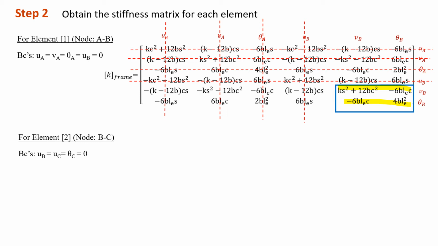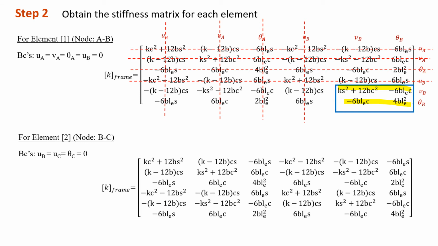Similarly, element 2 is between node B and C. So we connect the element from node B to node C. Our arrangement of the matrix in our global K matrix will start from UB, VB, theta B, followed by the second node UC, VC, and theta C. Remember, it always starts from X, Y, and Z. And we can apply the boundary conditions so that we can eliminate those unwanted rows and columns.